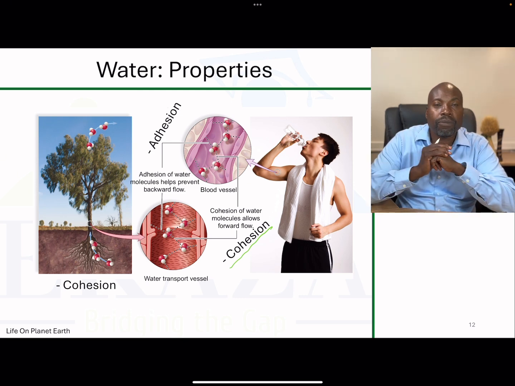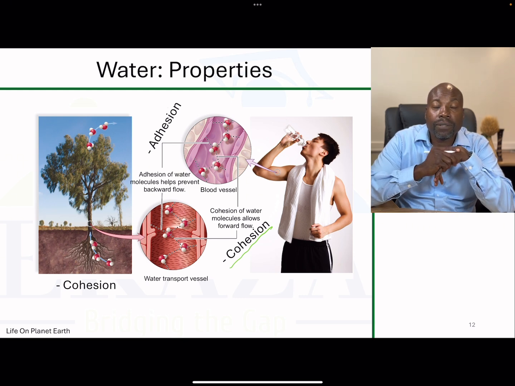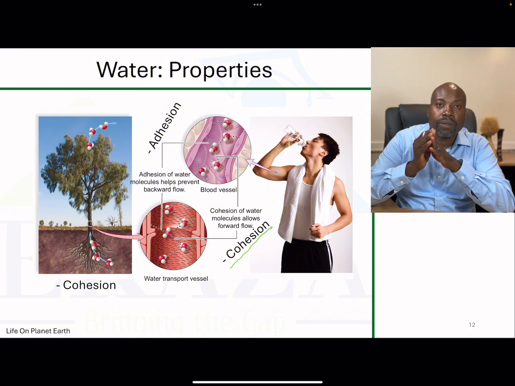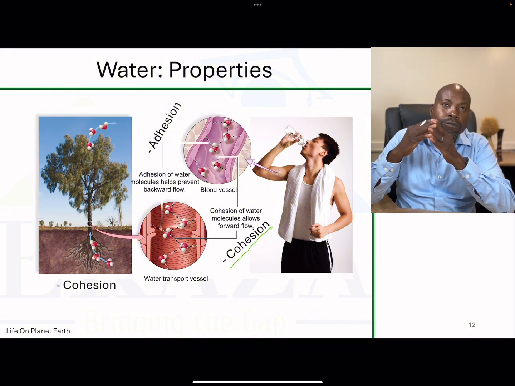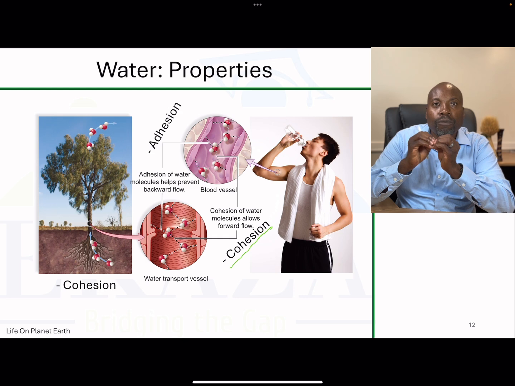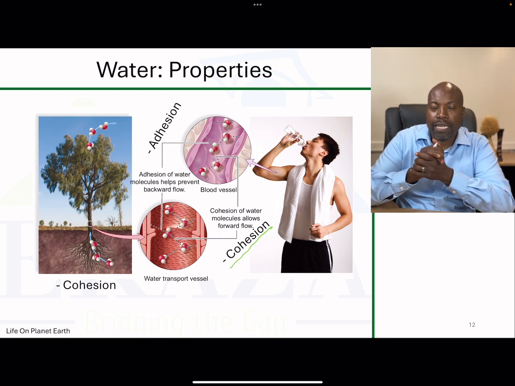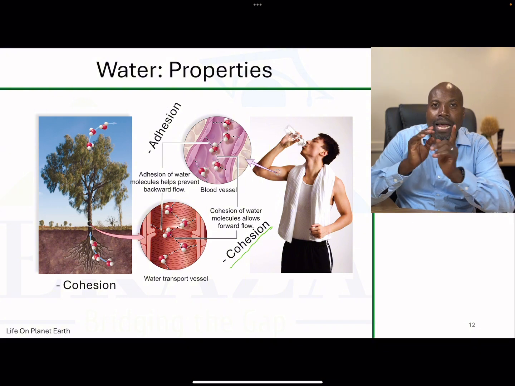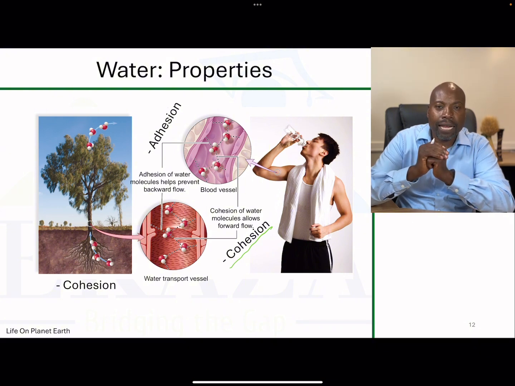By the way, for the sake of the exam, I always ask the following question. Within a molecule of water, what kind of chemical bonds are you finding? Let me repeat that. Within a molecule of water, what type of chemical bonds are you finding? I'll let you think a minute about that.